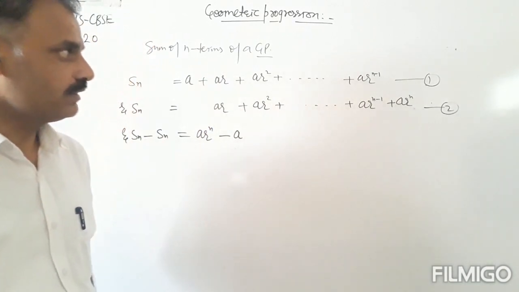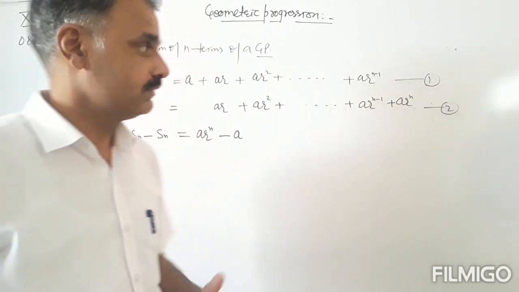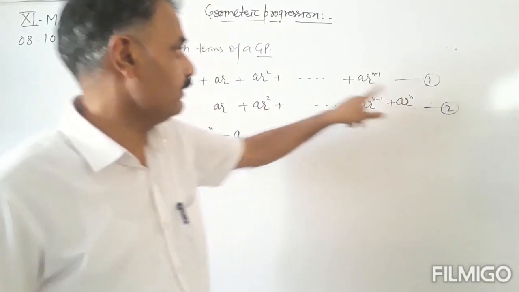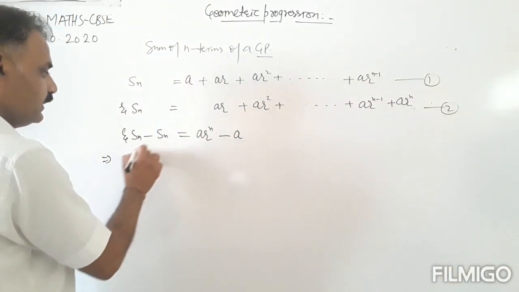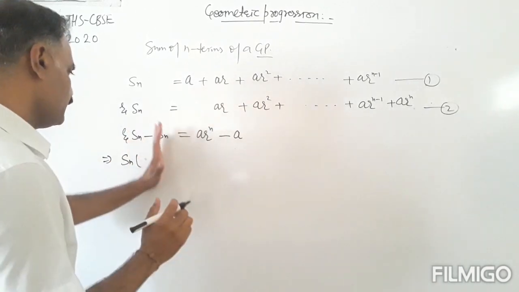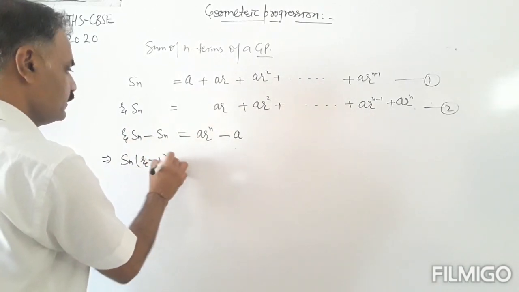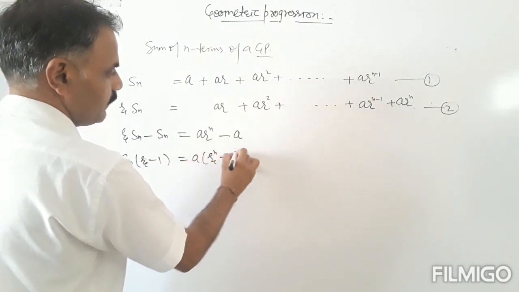This is the remainder, or what will be left, that is ar to the power n minus a. Now taking Sn as common, (r minus 1), and taking a as common, (r to the power n minus 1).